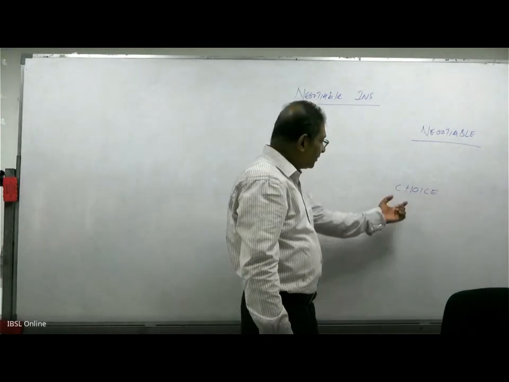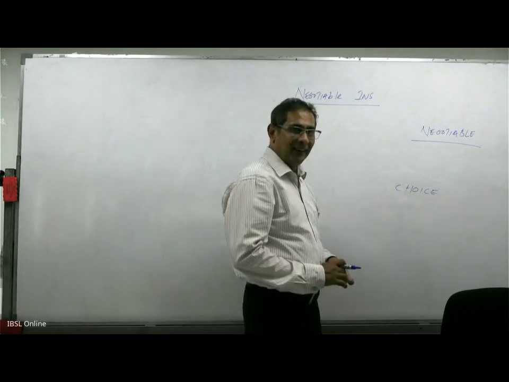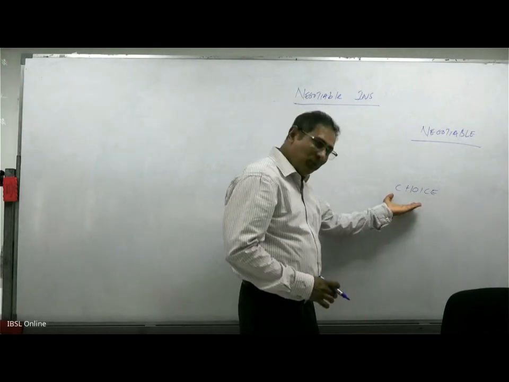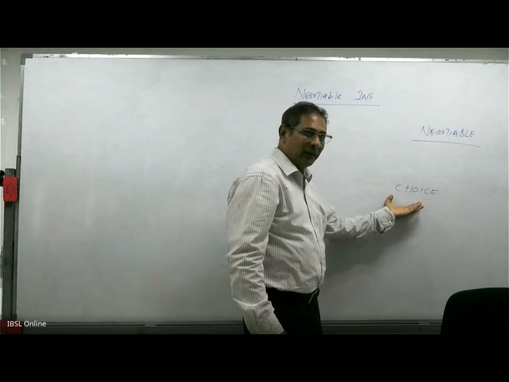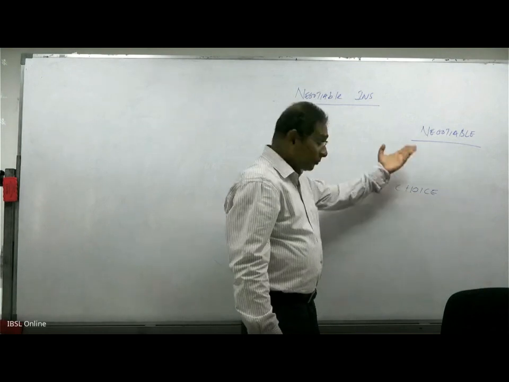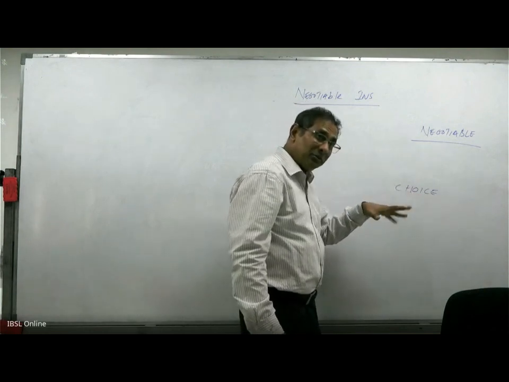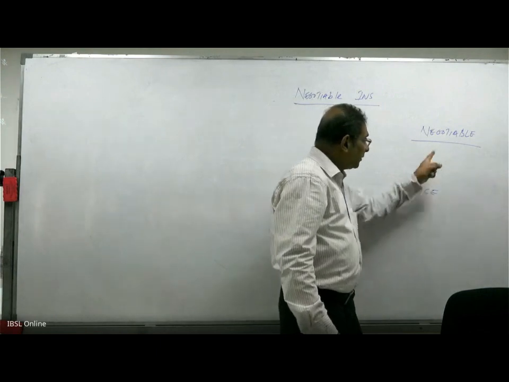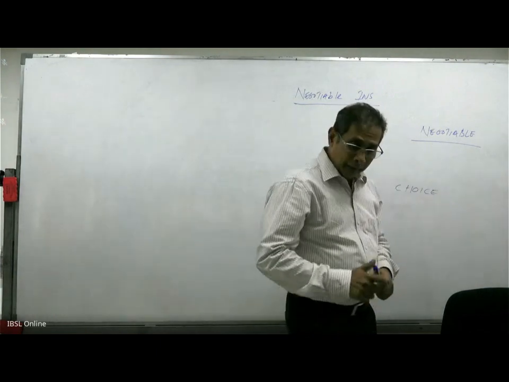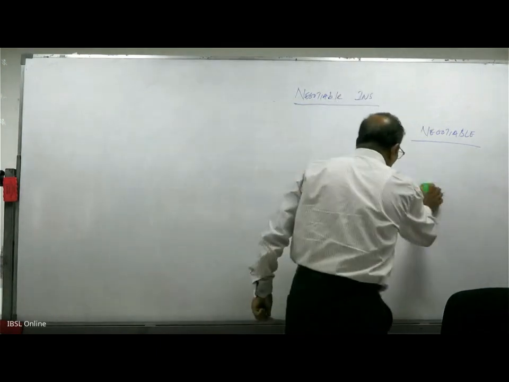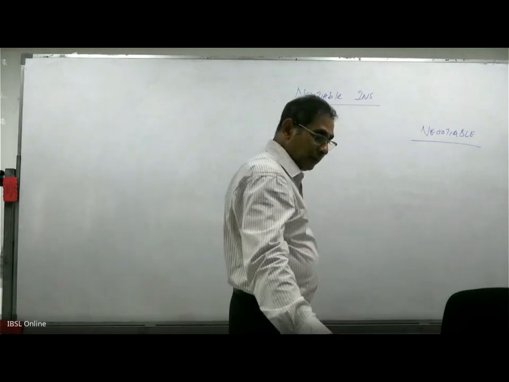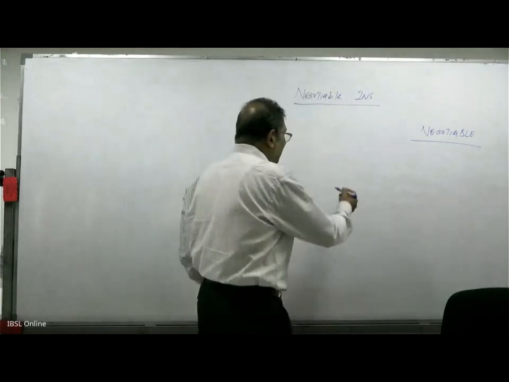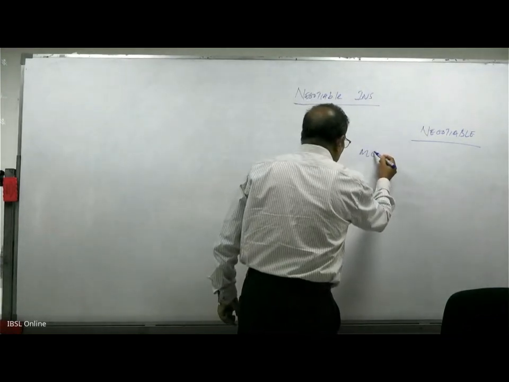It is a highly technical term for trade, but you have abused this word all the time. Trust, mistrust, breach of trust. Like that, negotiable is another word. Negotiable instrument means mere delivery.